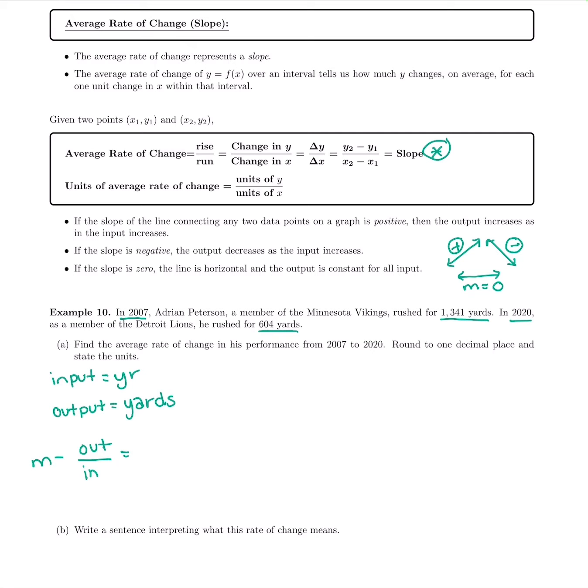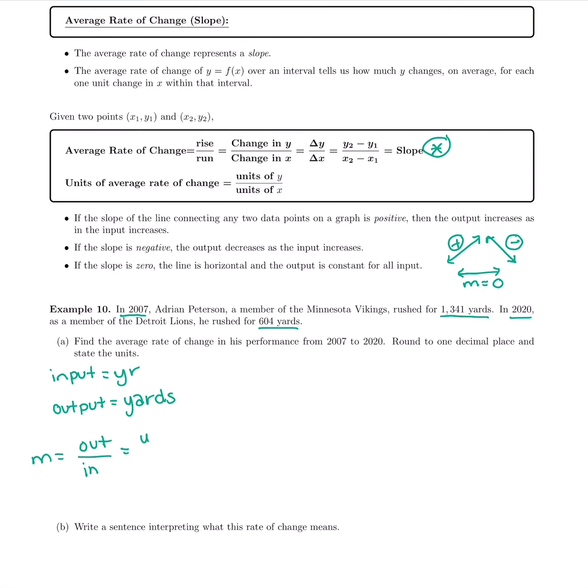Let's write that slope formula just for practice. So m is the output over the input. It's y2 minus y1 over x2 minus x1. So in this case, our slope is going to be our difference in y's: 604 yards minus 1,341 yards.